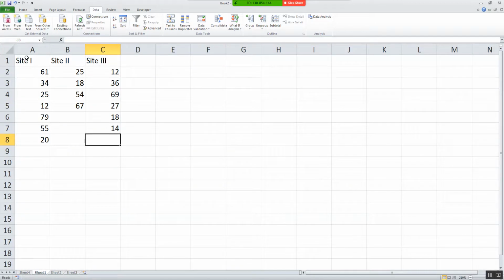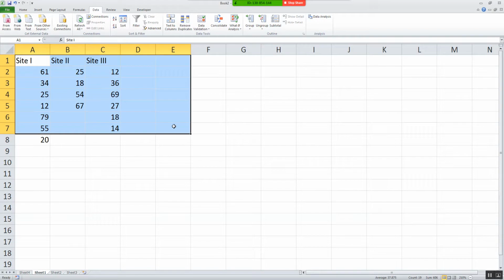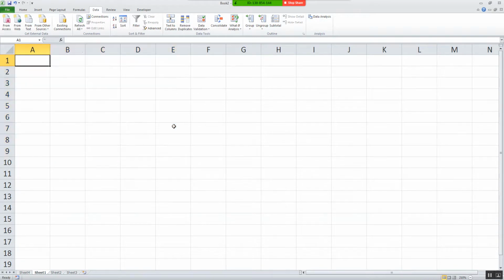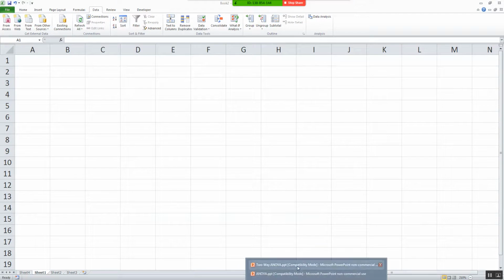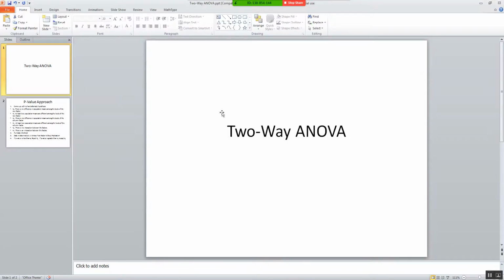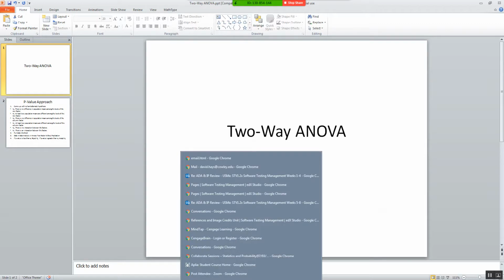Now let's go and look at the two-way. So we got our two-way ANOVA here. And let me bring up the book again.